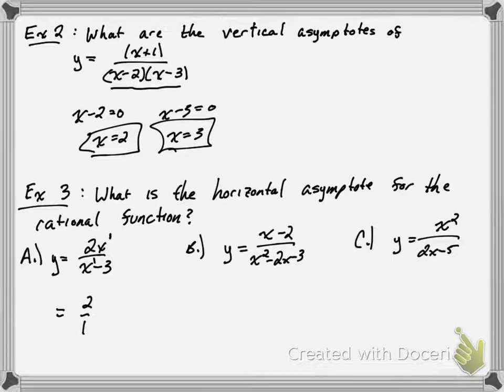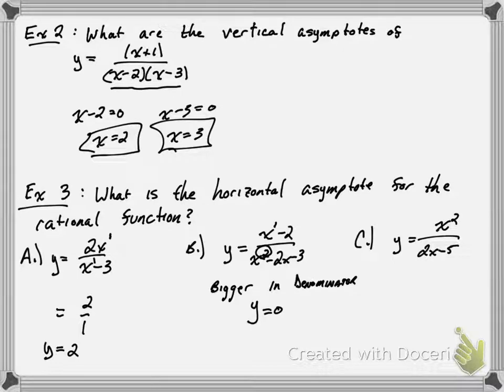So my horizontal asymptote is 2 over 1, or y equals 2 in this particular function. Well, if we look at b, notice how this is a 1 up here and here's a 2 down here, so it's bigger in the bottom. When it's bigger in the denominator, your horizontal asymptote is always y equals 0.